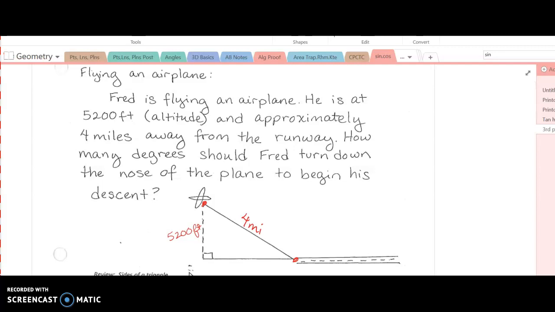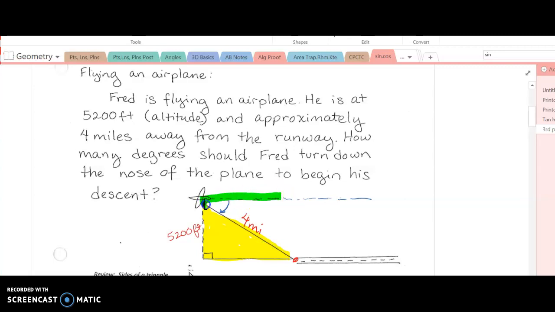So first of all, keep in mind, Fred is flying along here in this path. This is what is called his line of sight. If he were to look directly out, that's what he would see out of his plane. And so if he's going to turn down the nose of his plane, it's actually this angle right here, which is not even inside of our triangle at all. It's outside of our triangle. But interestingly enough, that angle is related to an angle inside of our triangle.